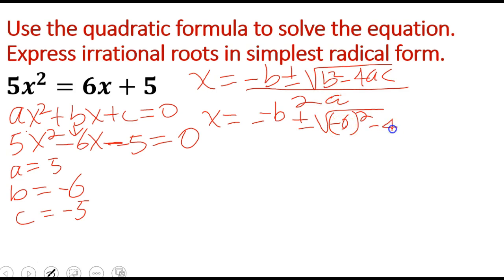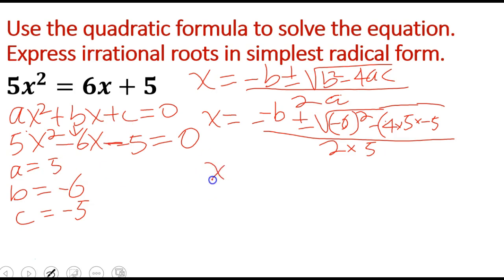If you don't, you're going to get negative 36, which would be wrong. Then times 4, our a is 5, and our c is negative 5, all under the square root, all over 2 times our a, which is 5.